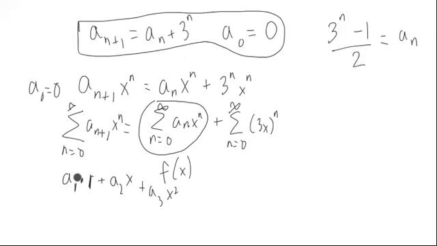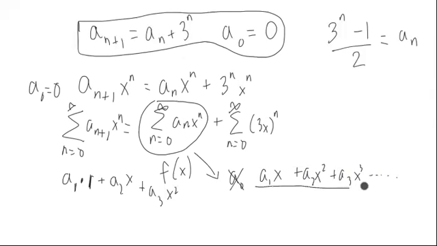Now, let's compare that to what f of x is. f of x is a0, which is just 0, so it's a1x plus a2x squared plus a3x cubed, and so forth. Notice that if you just take this and divide it all by x, look what you get. You get this. Awesome.